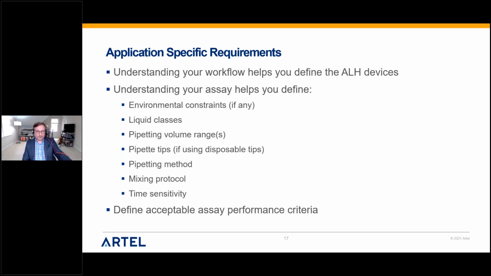And again, you can kind of read through this, but when I say think about your assay, really understand it, this is what we're getting at here. If you have a mixing protocol that you have as in your manual station, we need to be able to replicate that on the system. And again, time sensitivity. Some reagents are very time sensitive. Once you add reagents to an assay, you've got to get these things pretty quickly into the detector.